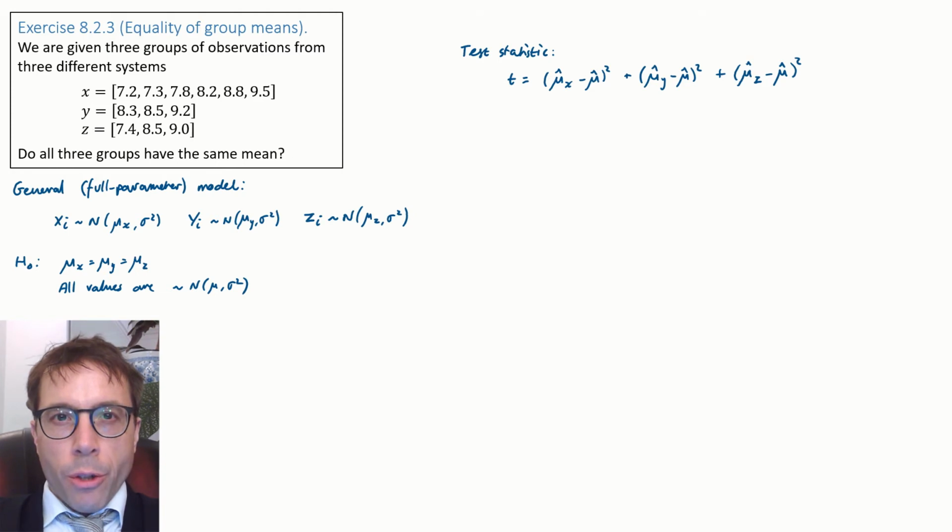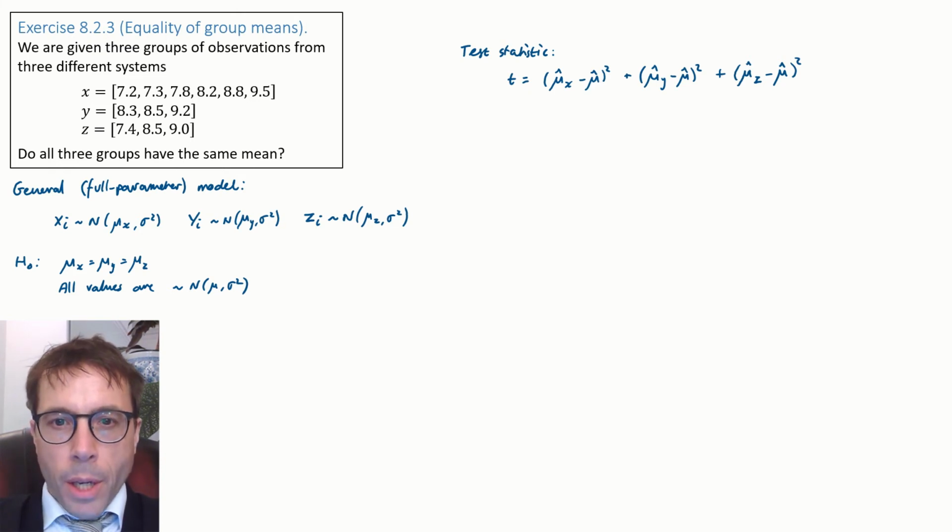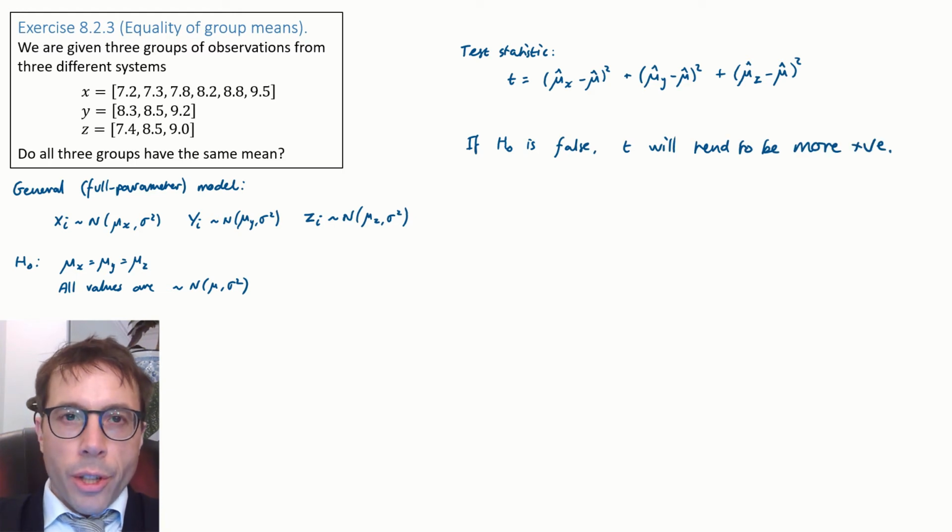If all 3 groups have the same mean, this term should be small. I'm adding up terms like this for each of the 3 groups, so if any of the groups is different, my test statistic ought to be able to pick it up. If h0 is false, in other words, if the 3 groups aren't identical, it will tend to make t bigger, make more positive.